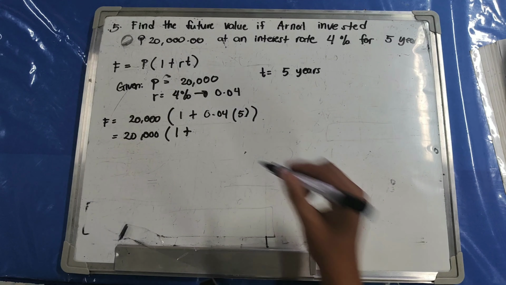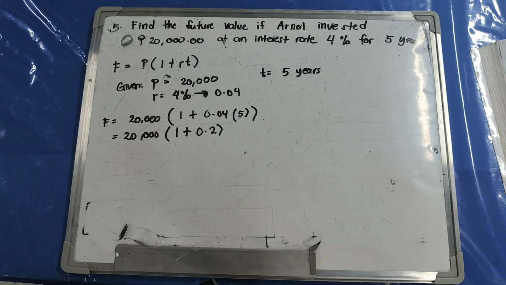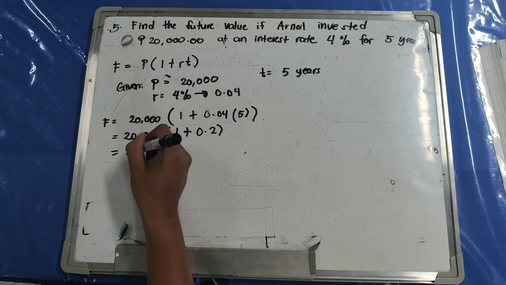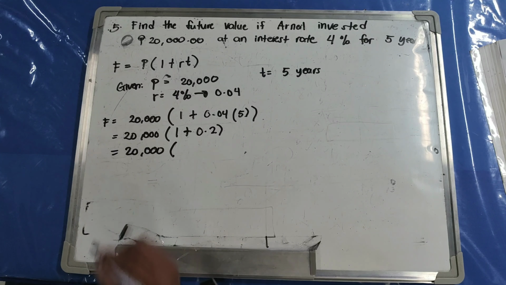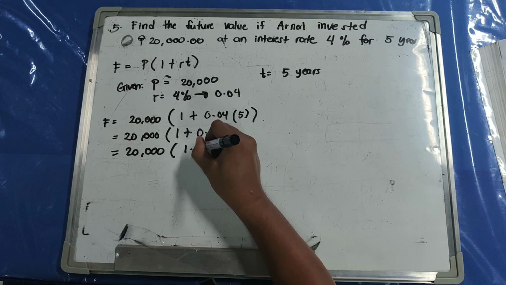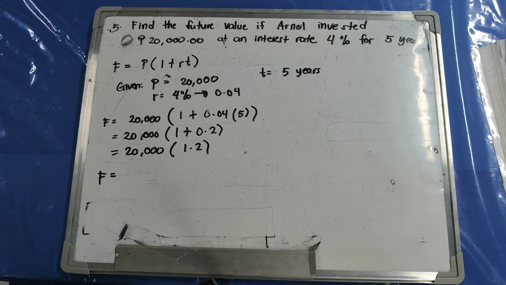So we have 0.2. Then continue, apply PEMDAS: 20,000 times 1 plus 0.2, which is 1.2. Then multiply. Our future value is 20,000 times 1.2.